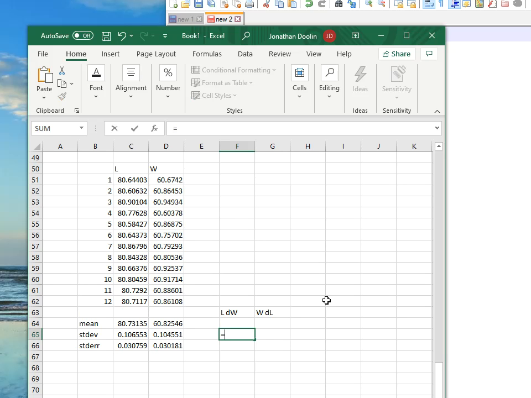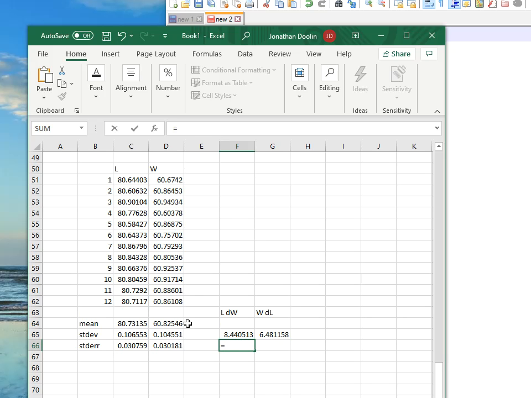So this is going to be equal to the mean length times the standard deviation of the width, and this will be the mean width times the standard deviation of the length. Same thing here. You don't want to copy this down because of the cross nature of it.